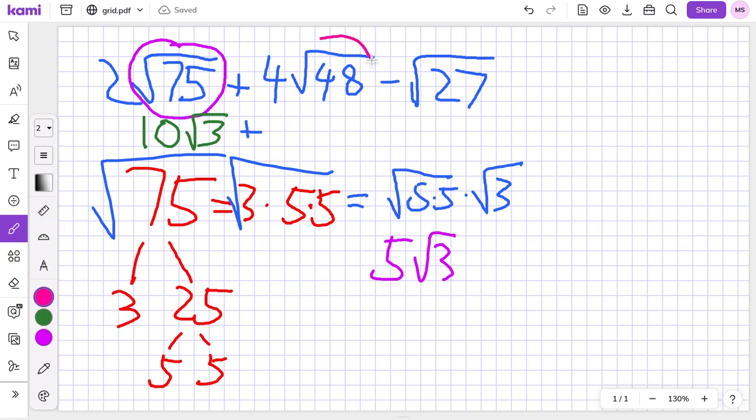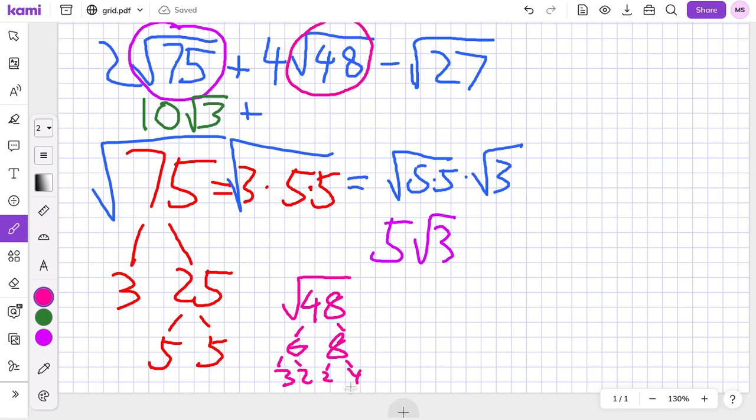All right, so then let's look at root 48. And we're just going to do the same thing. We're going to take root 48. How do you want to break it down? 6 and 8. 6 and 8, okay. And then 6 is what times what? 3 and 2, and then 4 and 2. And 4 is just 2 times 2.